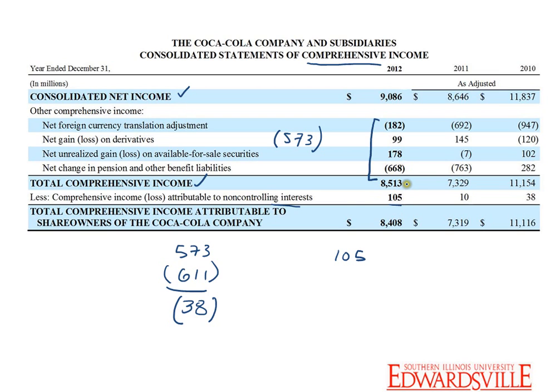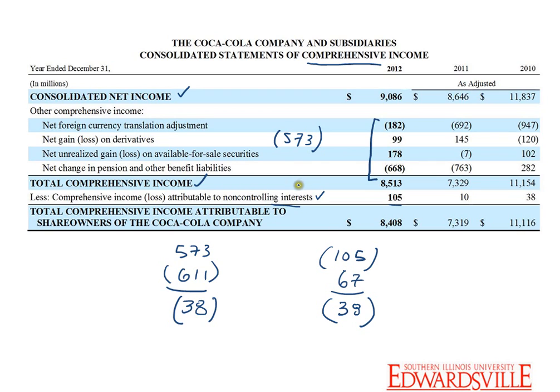So here they have total comprehensive income, and then they're adjusting for the comprehensive income for non-controlling interest. It must be that the other comprehensive income was adjusted for in the 573. So what's the difference between 105 and 67? Oh, 38, not a coincidence.